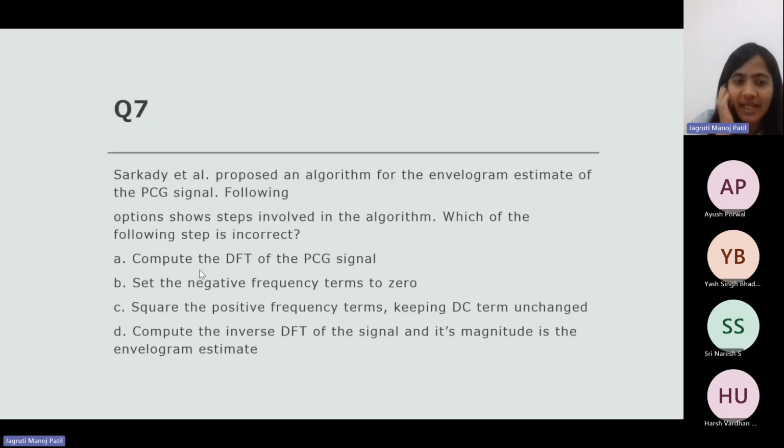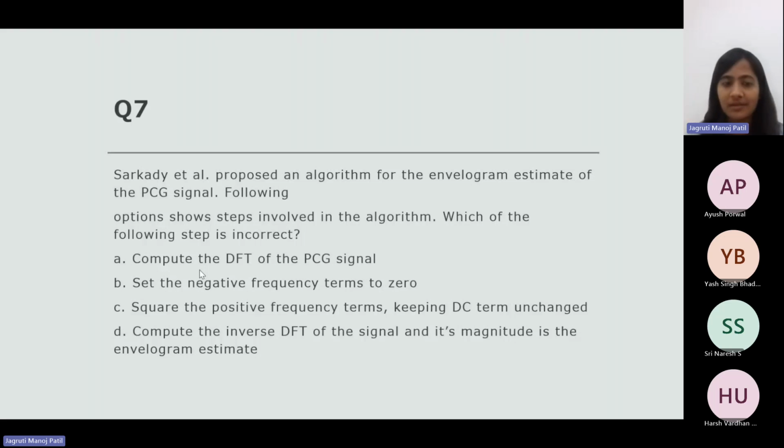Next question. Sakadi et al. proposed an algorithm for the envelogram estimate of the PCG signal. Following options show steps involved in the algorithm. Which of the following steps is incorrect? So we compute the DFT, set the negative frequency terms to 0, square the positive frequency terms keeping the DC term unchanged, and compute the DFT of the signal, and its magnitude is the envelogram estimate.